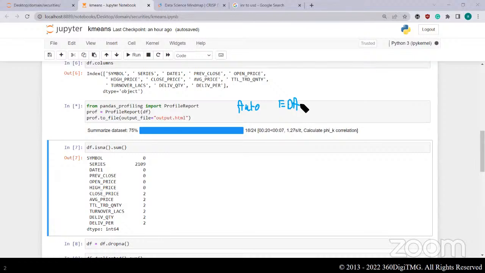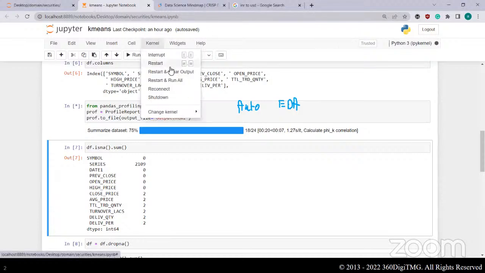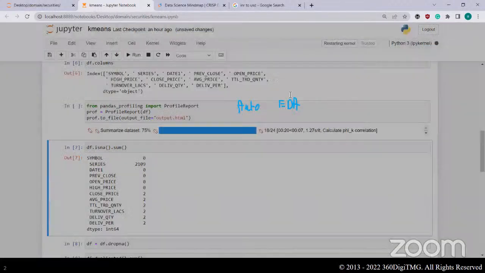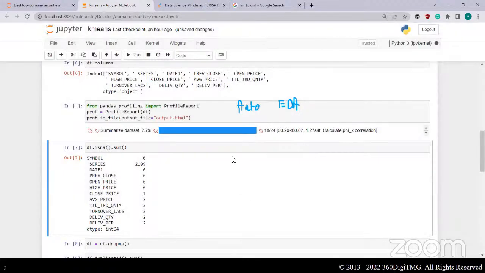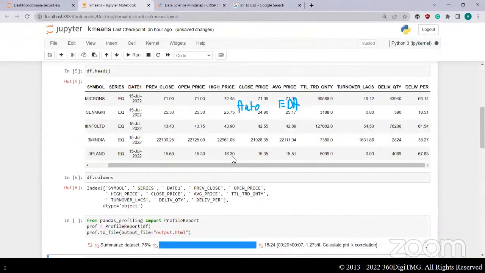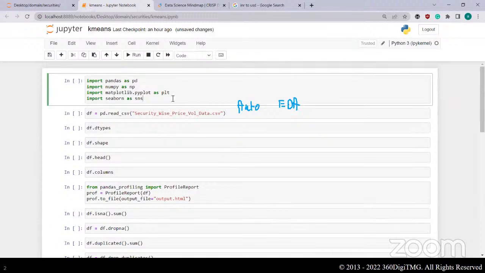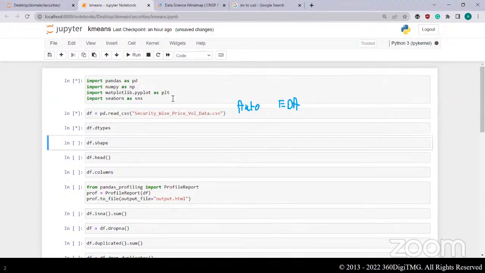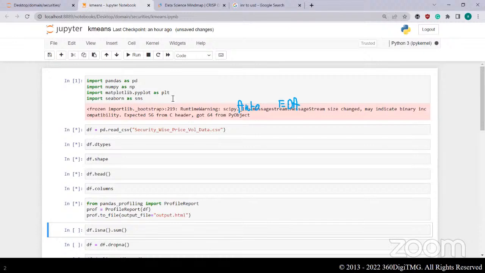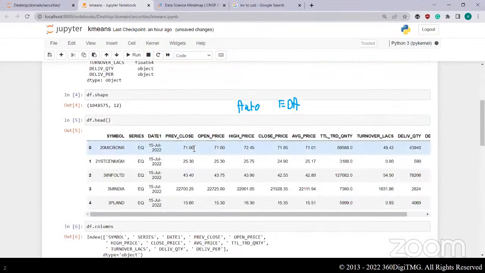Oh, wait one minute. Let me just run this again. Then we'll take a look at auto EDA. So let's start. Up until auto EDA, we'll run it.